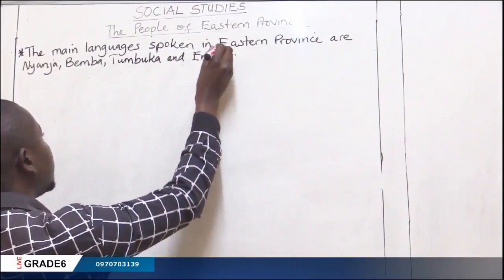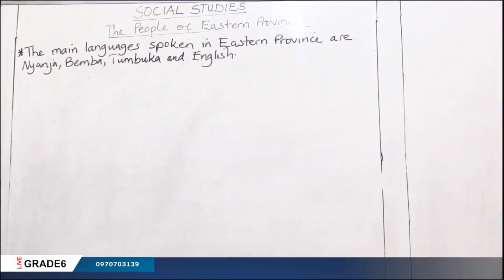All right, so these are the main languages that are spoken in Eastern Province.